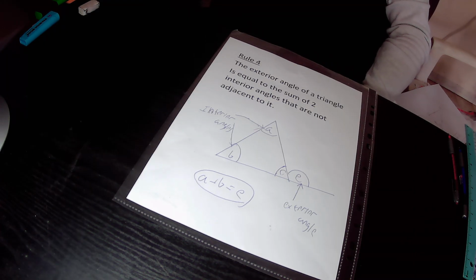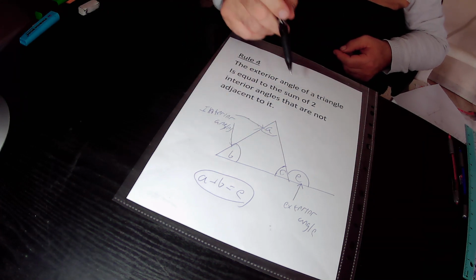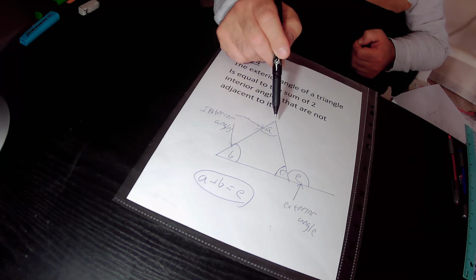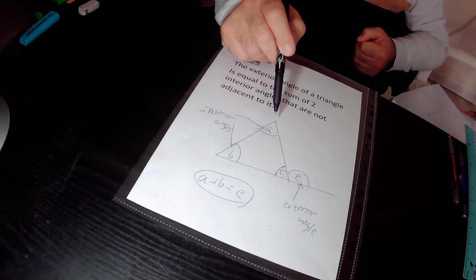So, in the drawing we have a triangle, and those three angles A, B, and C, they are defined as interior angles of this triangle. Why? Because they are located inside the triangle.